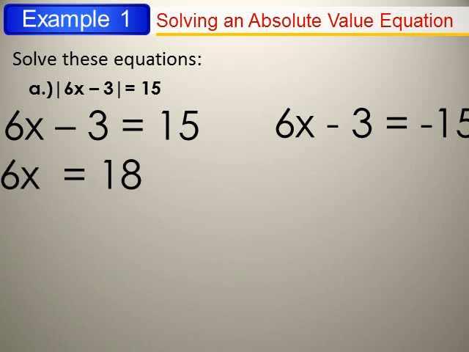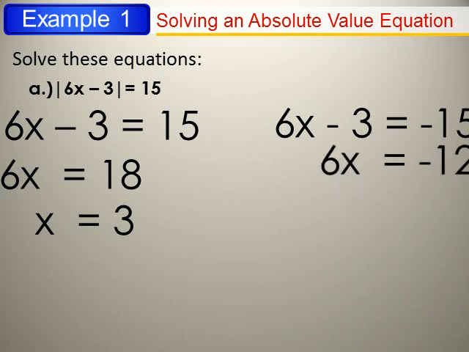First one, 6x equals 15 plus 3 equals 18. Finally x will be 3. Then go to the other equation. 6x will be negative 12, divided by 6, it will be negative 2. Substitute in the equation with x equals 3 and negative 2 to make sure that you are right. Finally, x equals 3 and negative 2, or the solution set equals 3 comma negative 2.